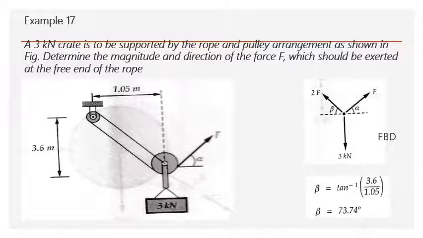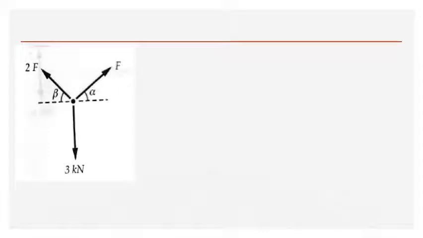So beta is equal to tan inverse of 3.6 by 1.05, that is 73.74. So alpha is unknown. We don't have any other data to get that, so we have to find it out. So this is the line diagram of the forces or the free body diagram.